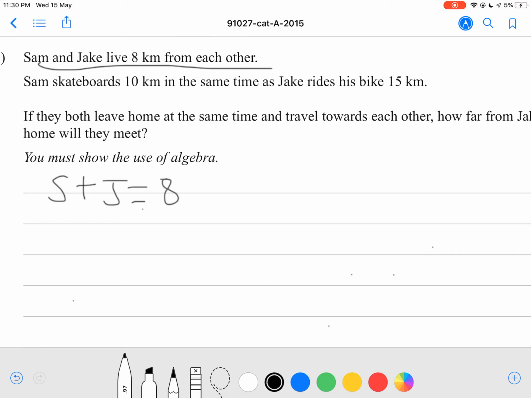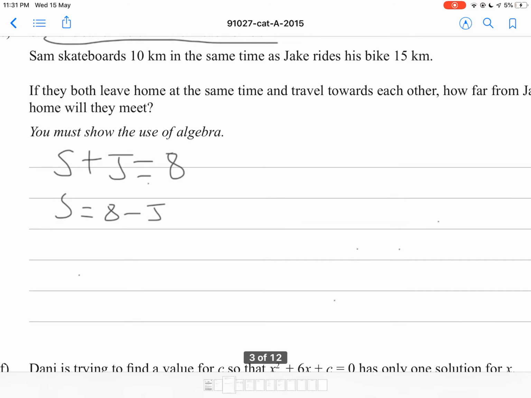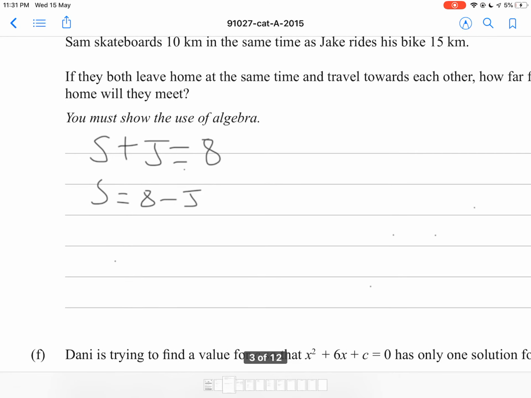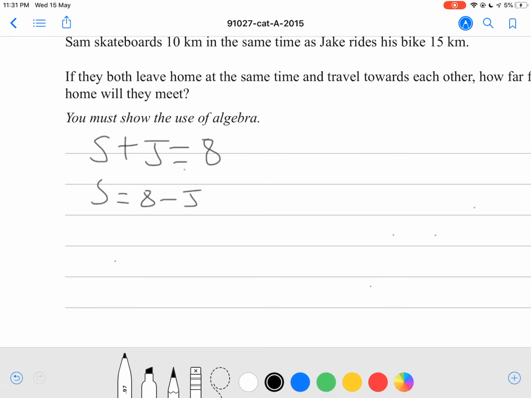Let's say S equals 8 minus J, so the distance Sam travels is 8 kilometers minus the distance Jake travels. And because Sam skateboards 10 kilometers in the same time that Jake rides his bike 15 kilometers, we can say that 3S is equal to 2J.